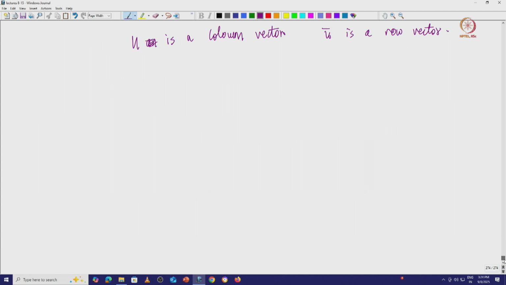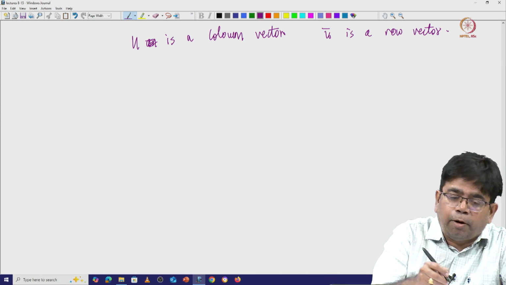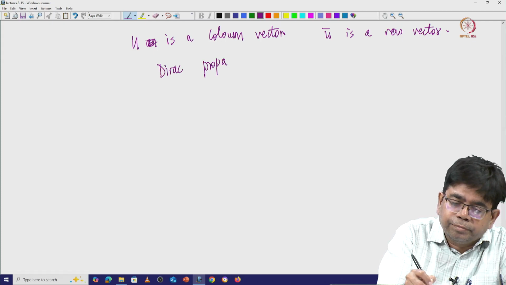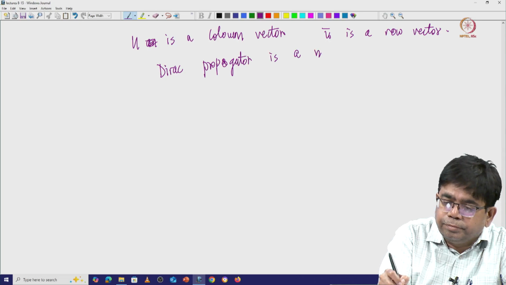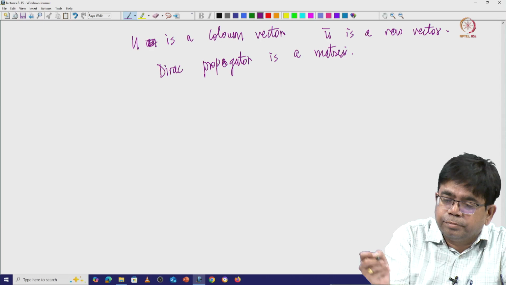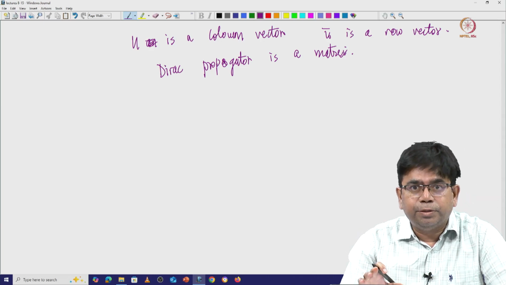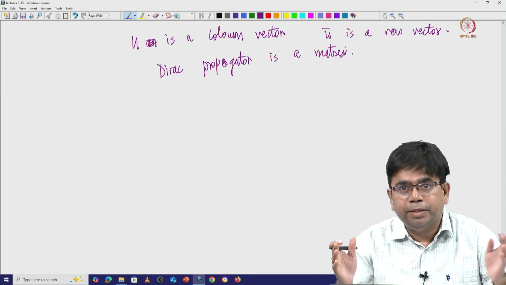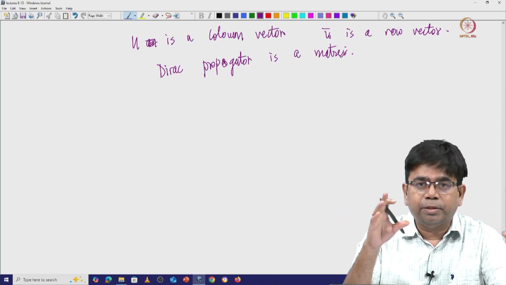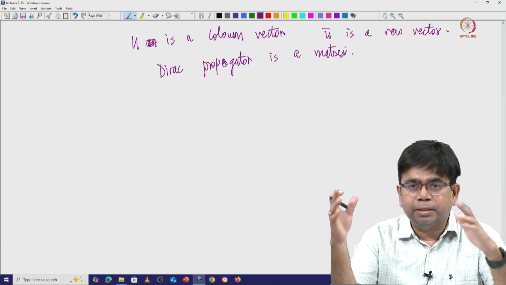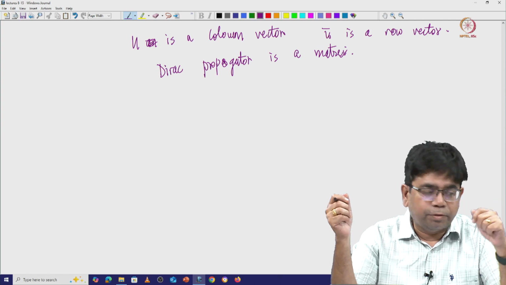If we have a Dirac propagator in between, the Dirac propagator is a matrix. So you have to make sure that what you write down at the end of the day is a number. You are dealing with column vectors, matrices and so on. Gamma matrices are also there, which are also a problem.